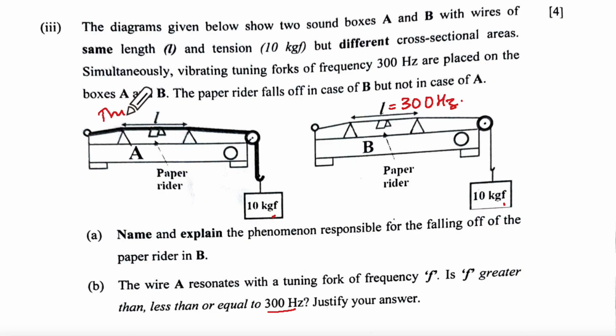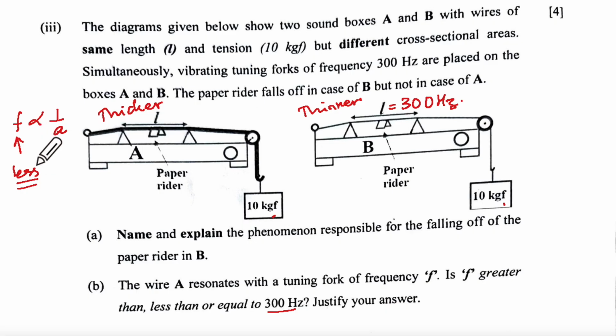So this one is a thicker wire and this one is the thinner wire. How does the frequency depend upon the area of cross-section? Inversely proportional. So the thicker wire will have less frequency. More the area of cross-section, less is the frequency.